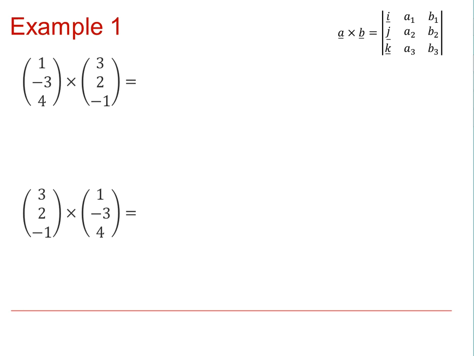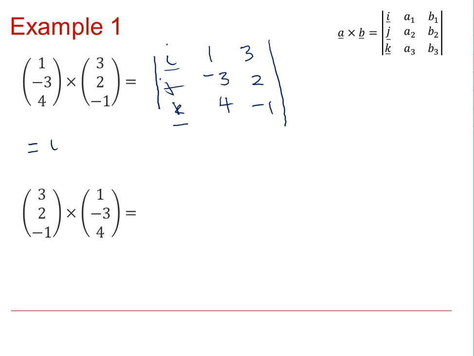Let's look at some examples. So we could have the cross product of (1, minus 3, 4) and (3, 2, minus 1) written as i, j, k; 1, minus 3, 4; 3, 2, minus 1 in determinant form.